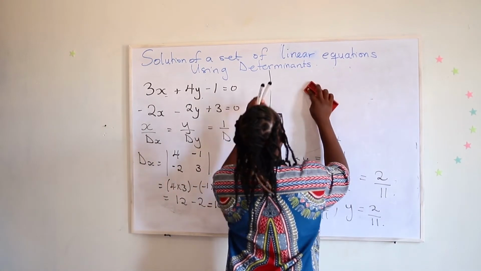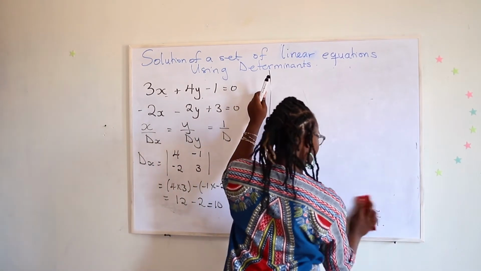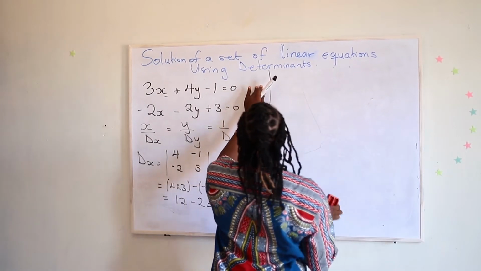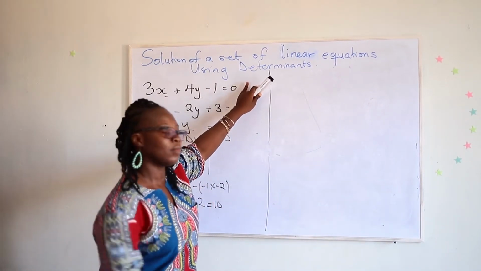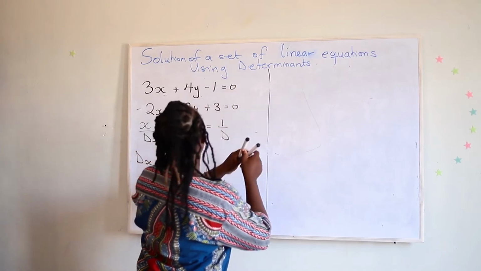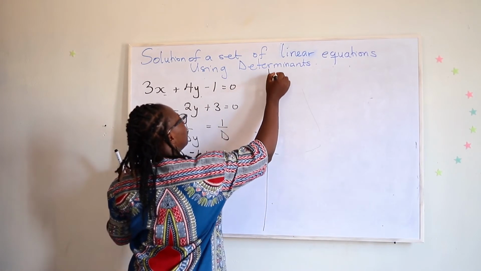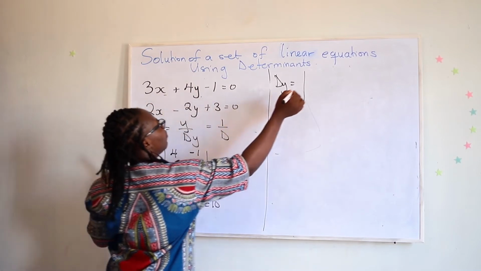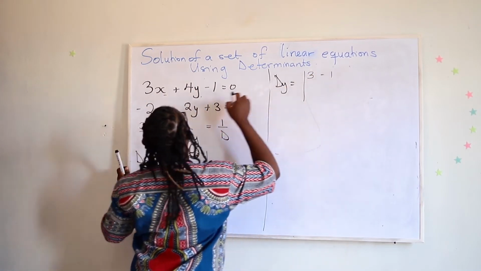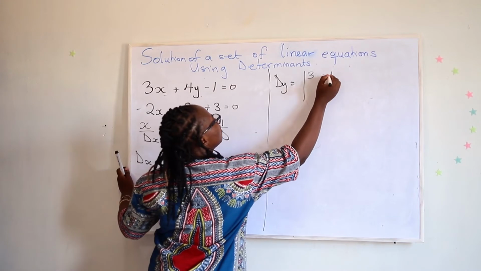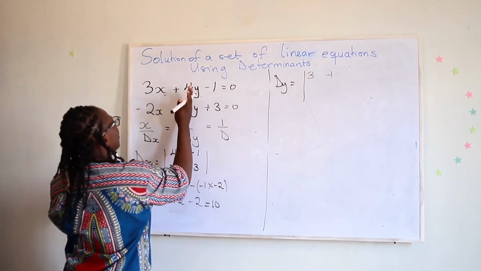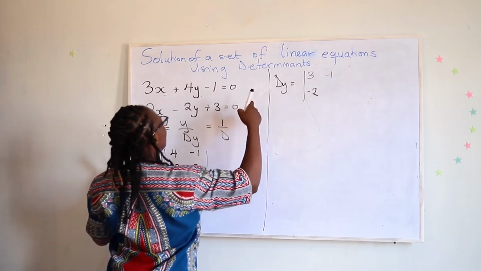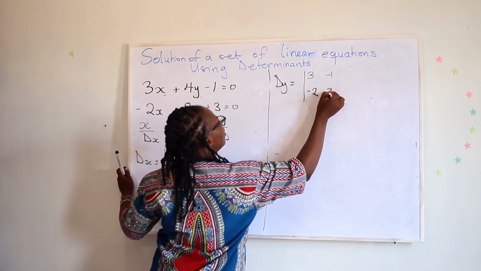If I cover up y, so dy, what do I have? 3, minus 1, then I have minus 2, 3.